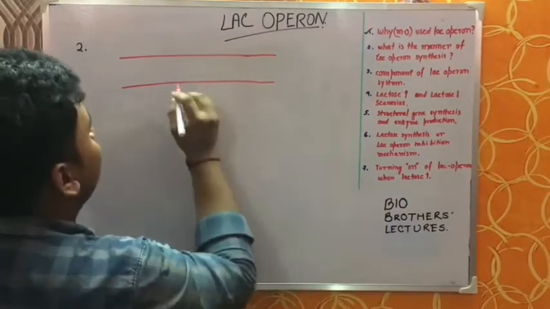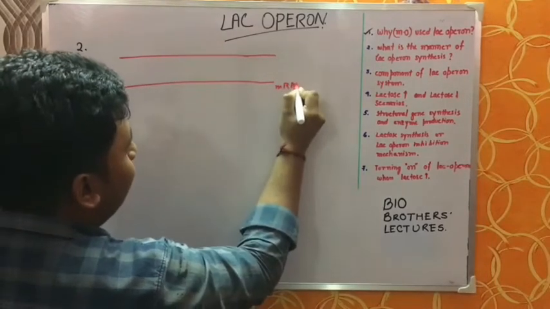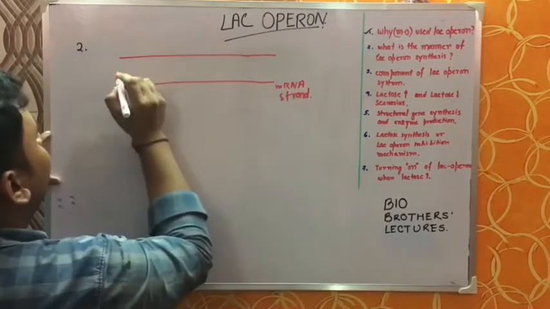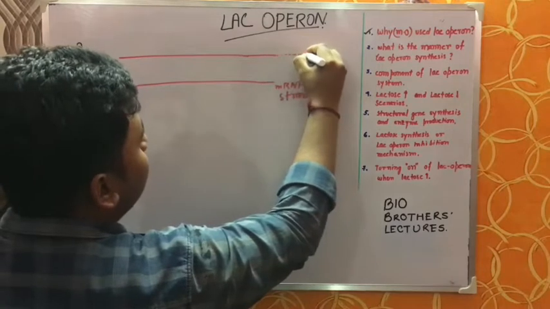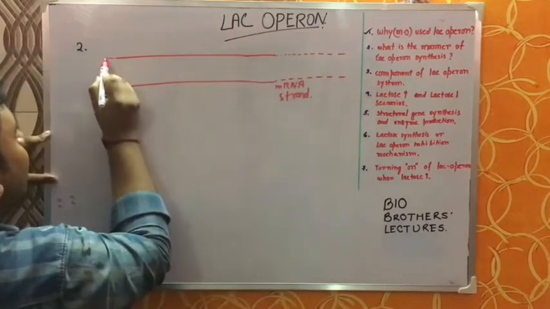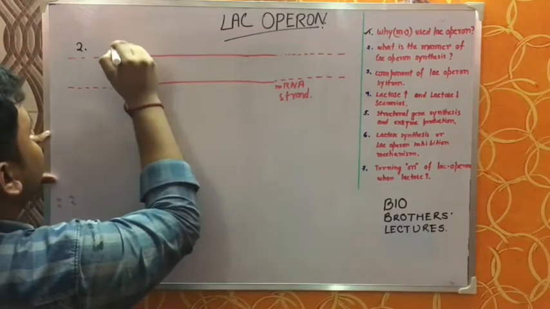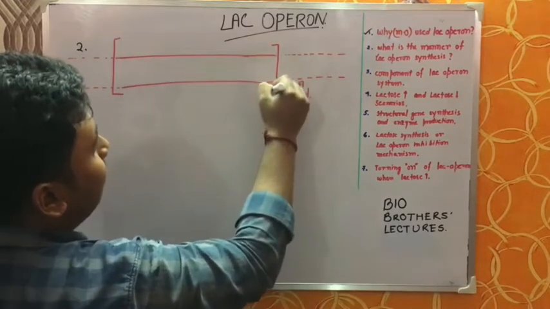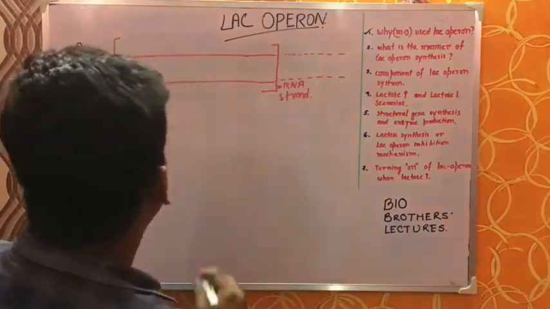This is an mRNA strand, messenger RNA strand, and this is the whole mRNA strand. This part is basically the lac operon part, where the ultimate scenario is going on.